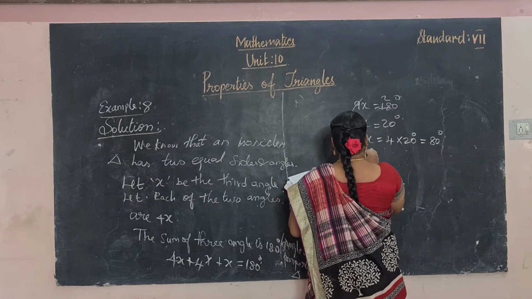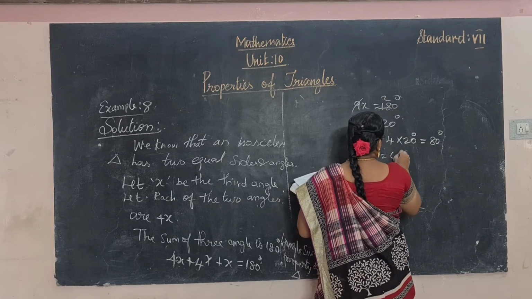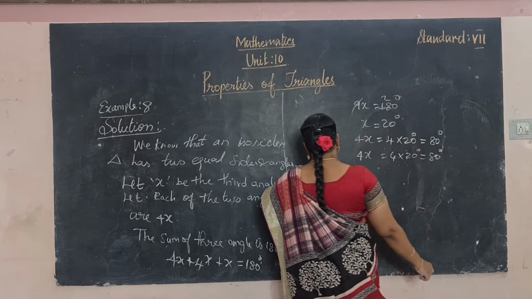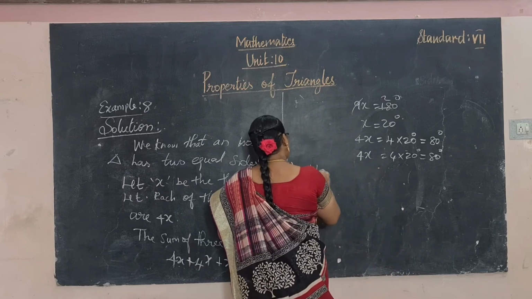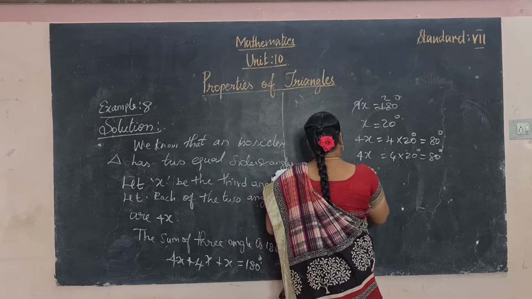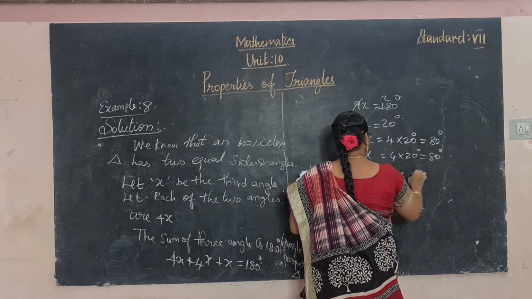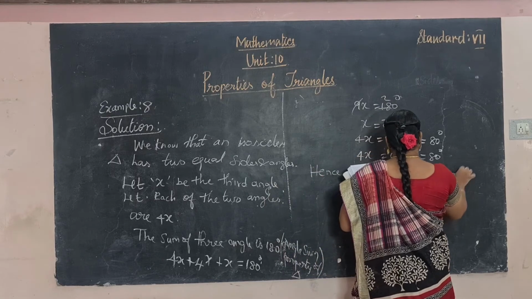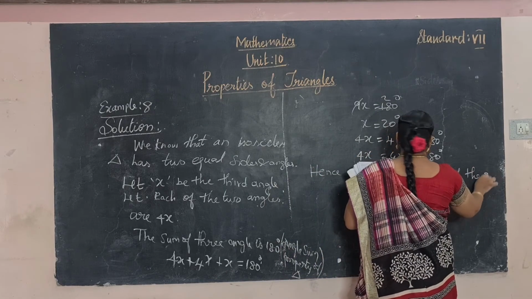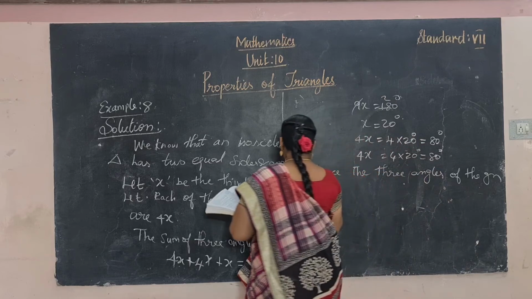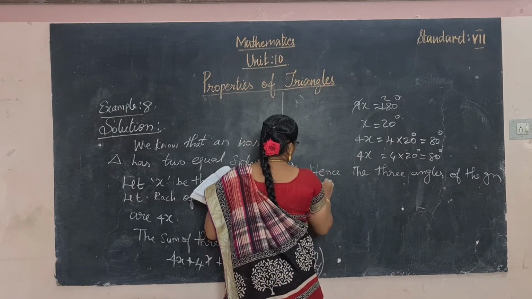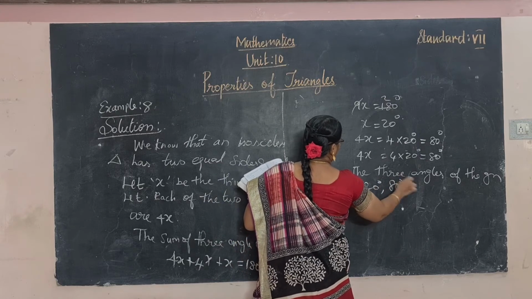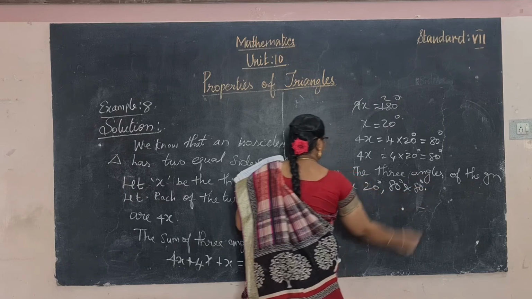And another one is also 4x, so 4 into 20, 80 degrees. The sum of the 3 angles is 180 degrees. So hence the angles of the given triangle are 20 degrees, 80 degrees and 80 degrees.